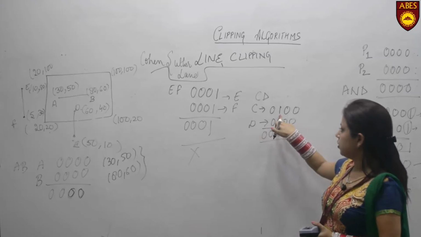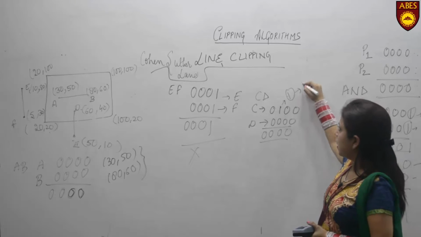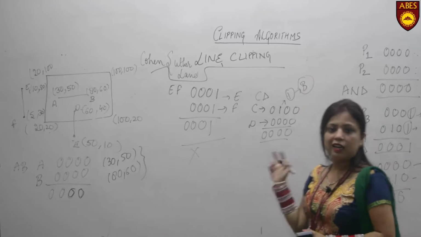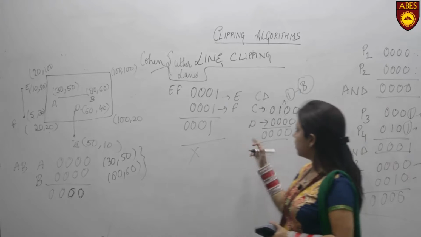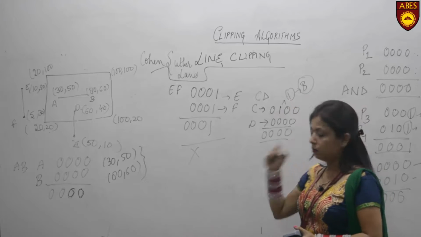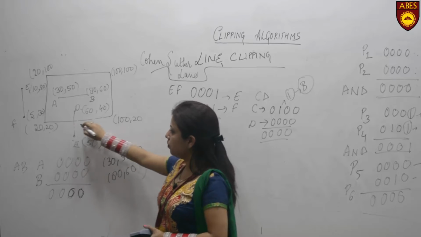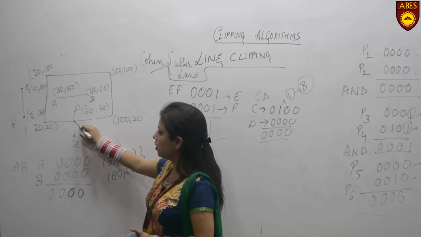So when you check this particular case, the 1 bit position is set at B value. This helps you check that this particular line is crossing the below boundary. So when you talk about the below boundary, it is crossing this particular case.